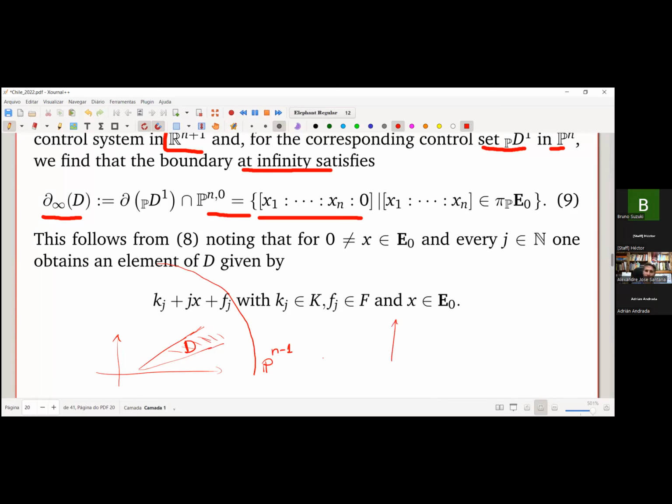So this is the idea of projective geometry.